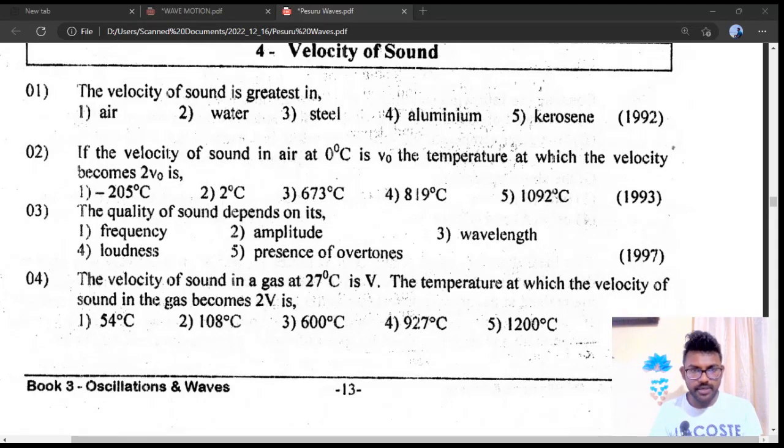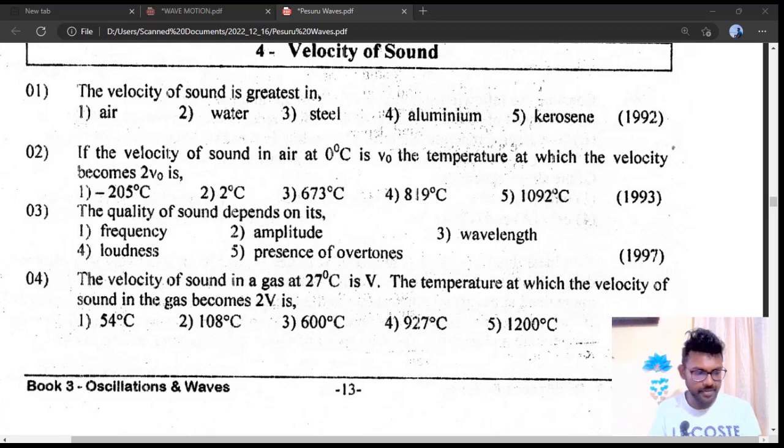Alright guys, now we'll consider a question from that. Currently I am at the Pacer books, book number 3, question number 13, and as I said before, I have shared this PDF with you as well. You can just have a printout of it if you don't have the Pacer books. You might be wondering why I'm referring to these books.